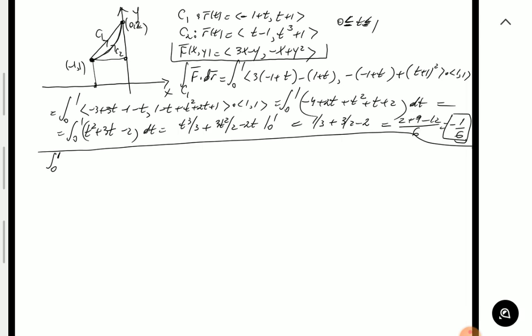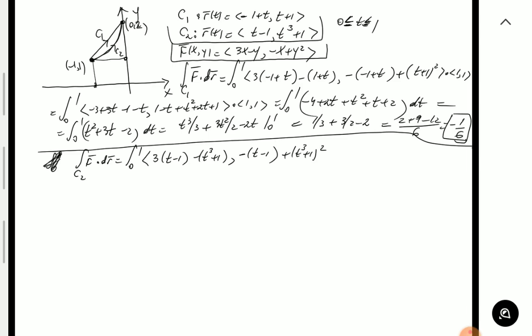So for the second curve, the integral over C2 of F dr is going to be the integral from 0 to 1, and now we're going to plug in the second curve C2. So look at the components of it into the vector field. So we have 3 times quantity t minus 1 minus quantity t cubed plus 1, comma minus x, so again minus quantity t minus 1 plus y squared, which is t cubed plus 1 squared.